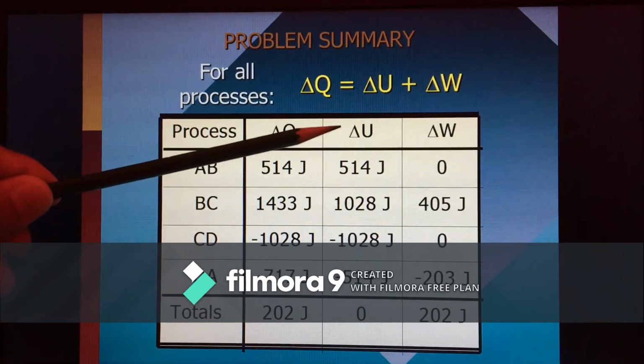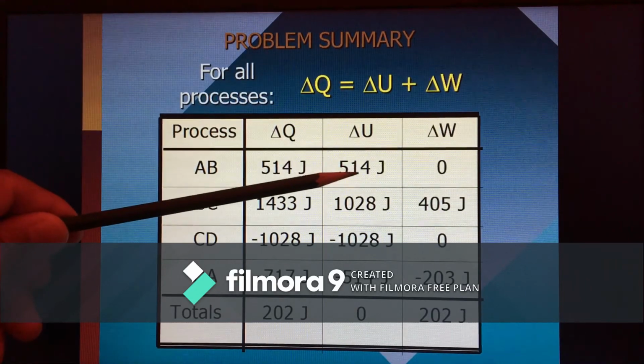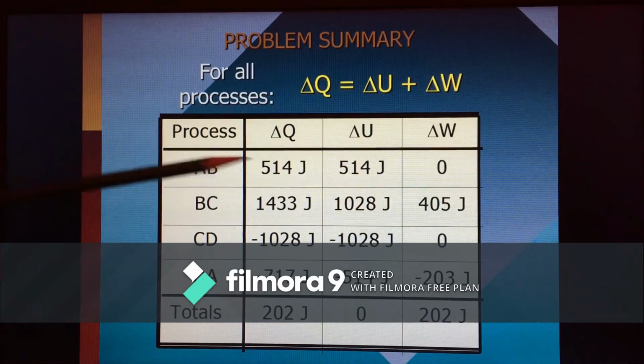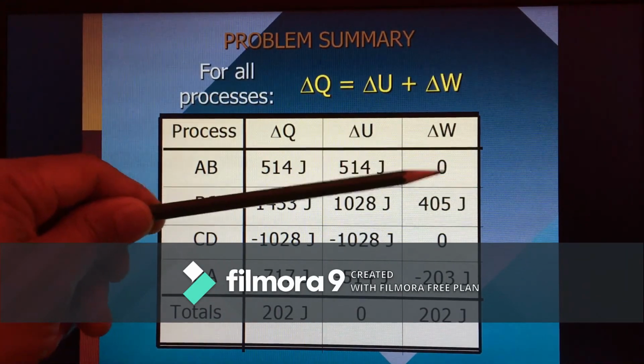The delta U is 514, and there's no change of work because this is an isochoric process, so no work is done. So delta W is equal to 0.